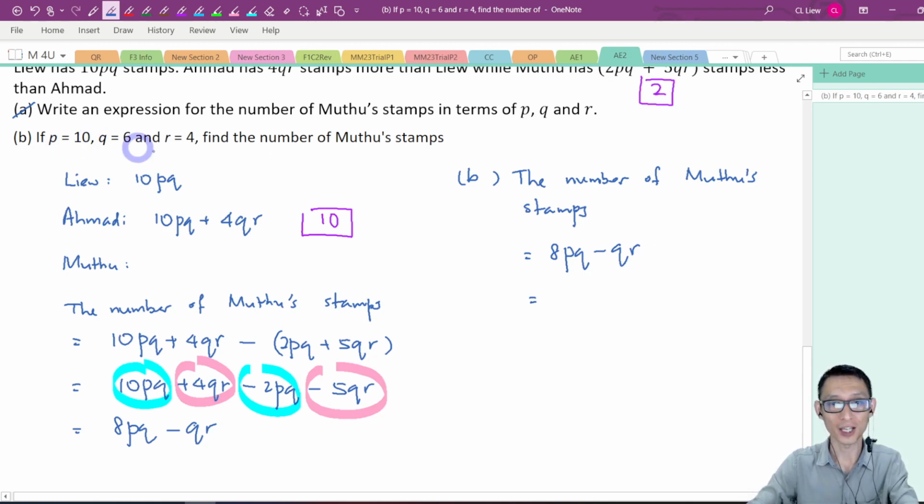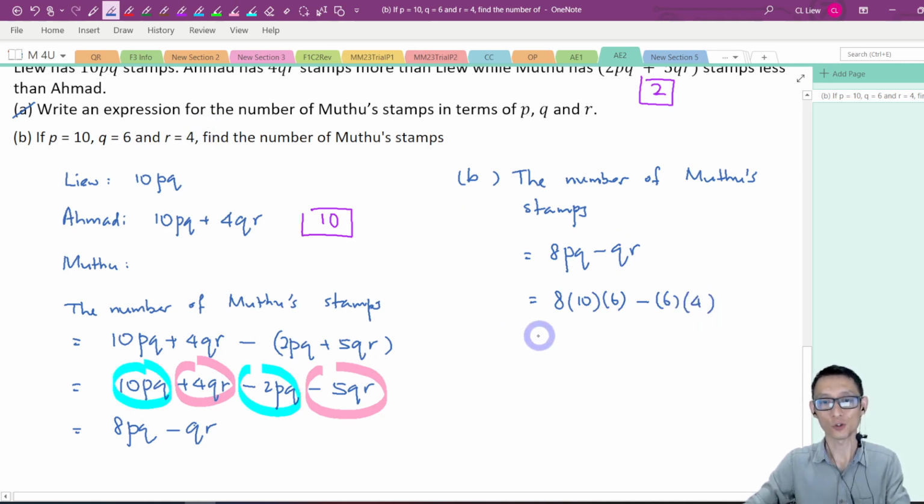P is equal to 10, so this means 8 times 10 times Q which is 6, minus Q which is 6 times R which is 4. This one just press your calculator. 480 minus 24, the answer is 456.